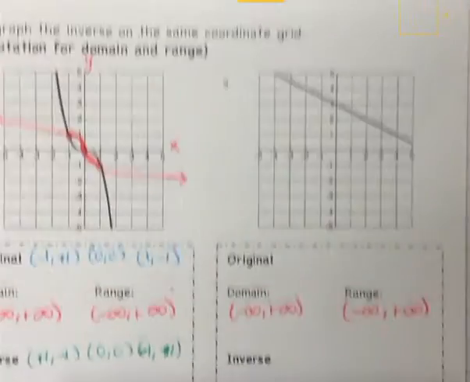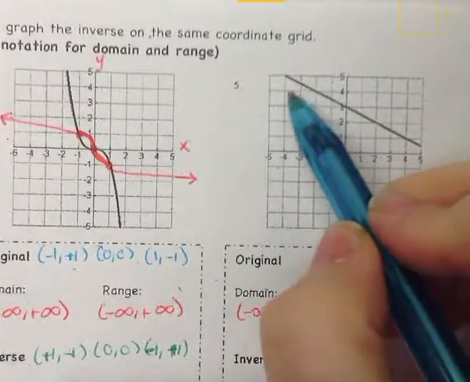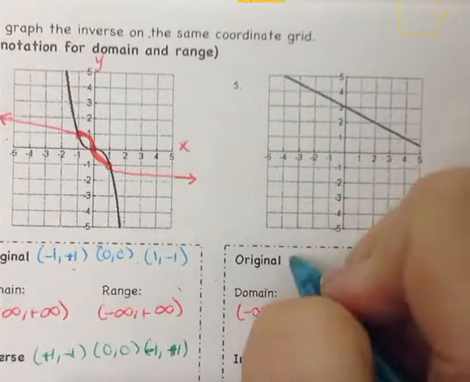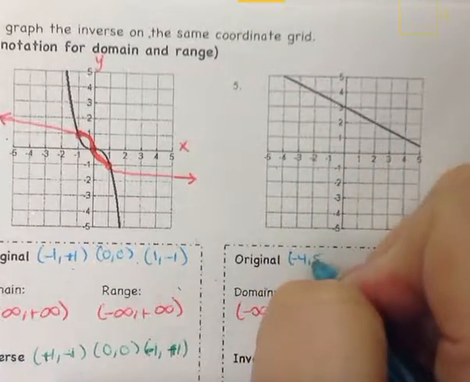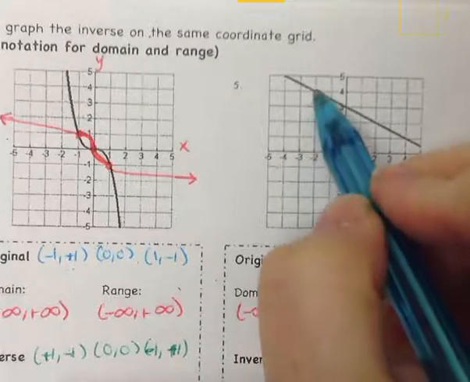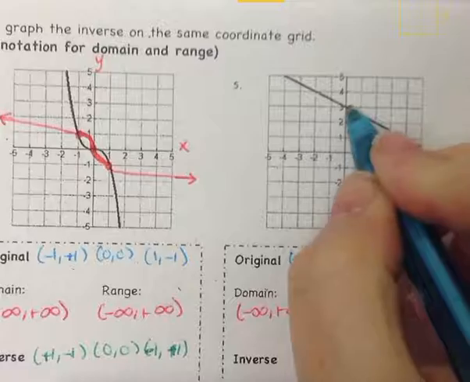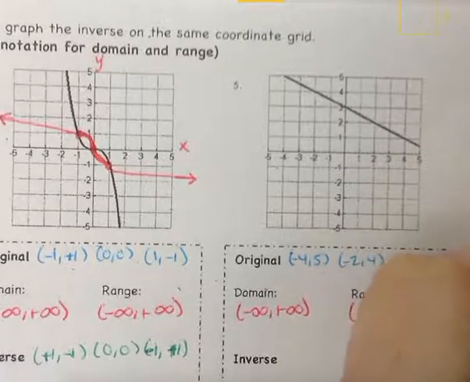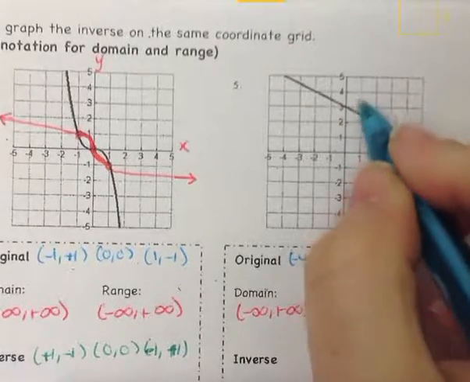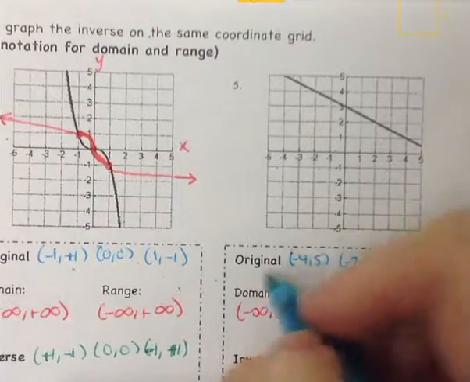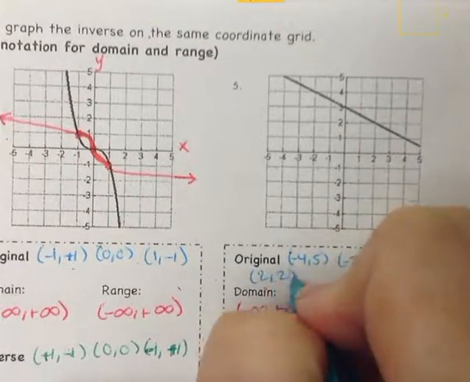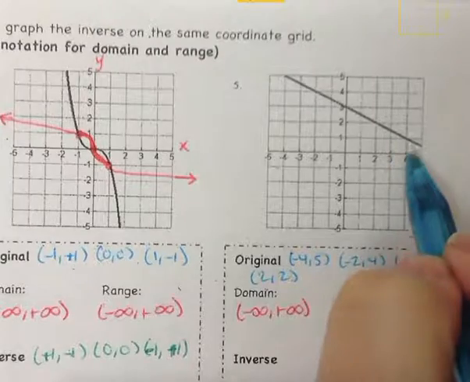So for the original one, we have this coordinate of negative 4, positive 5. Then we have negative 2, positive 4. Then we have 0, 3. 2, 2. 4, 1.